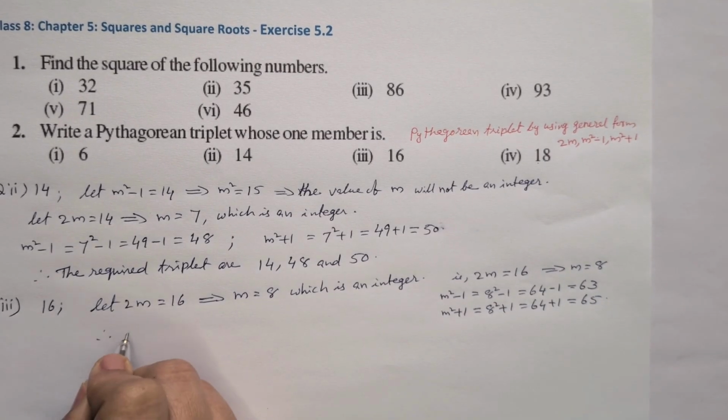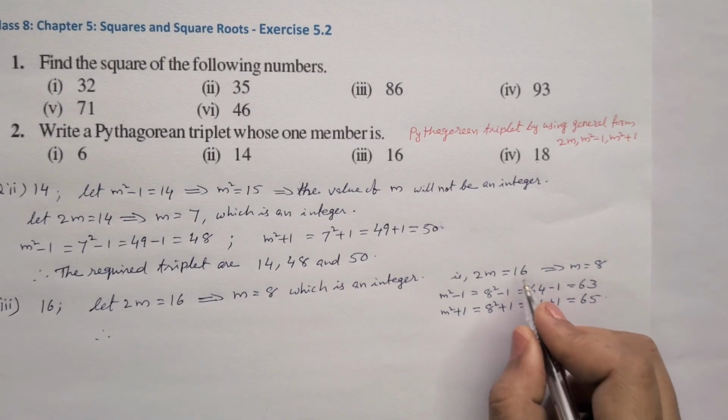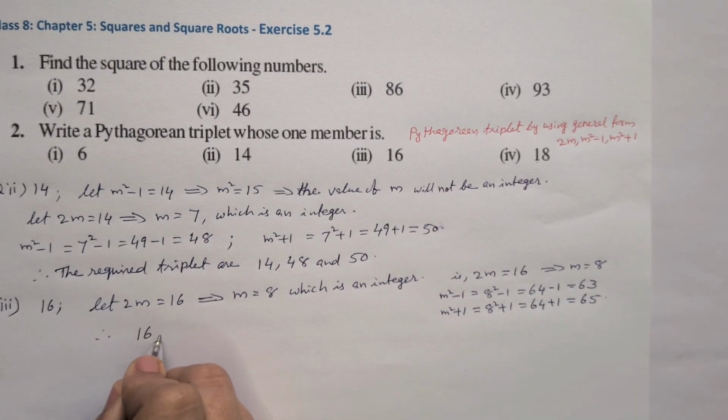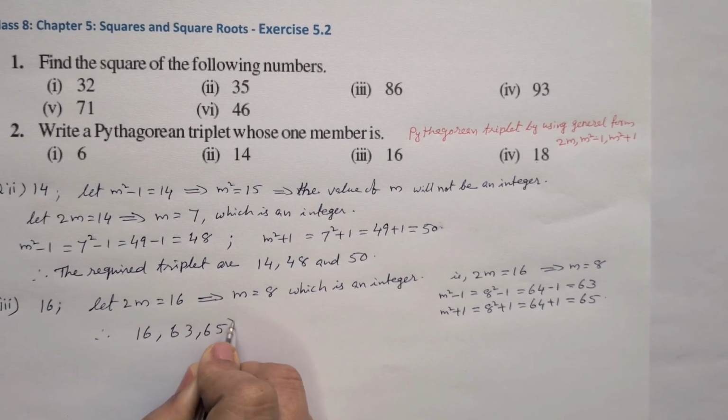Therefore, the Pythagorean triplets are 2m, that means 16, then 63 and 65.